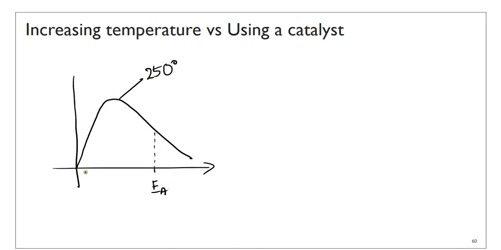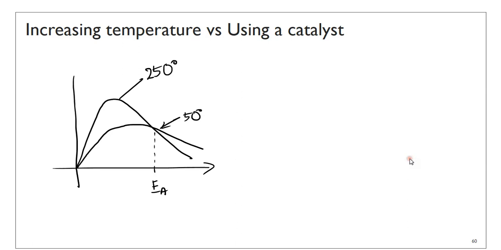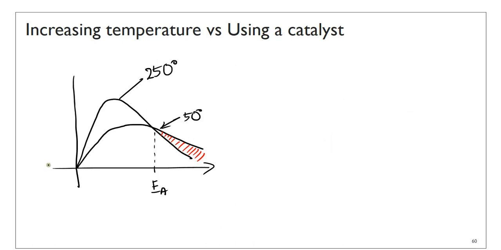When you increase the temperature from say 25 to 50 degrees, you're changing the distribution of energy, but the activation energy doesn't change, and then you get all of these extra particles that now can meet the activation energy barrier. So you're increasing the proportion of particles that can meet the activation energy barrier by increasing the energy that they have. So that's increasing temperature.